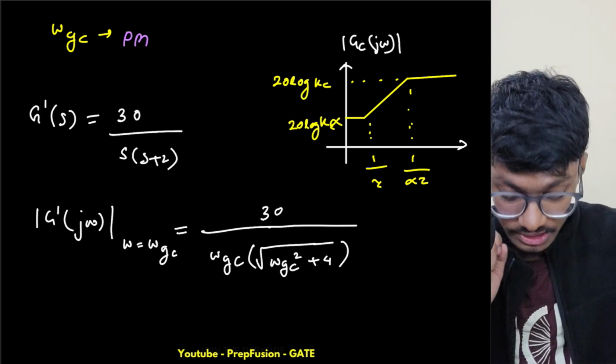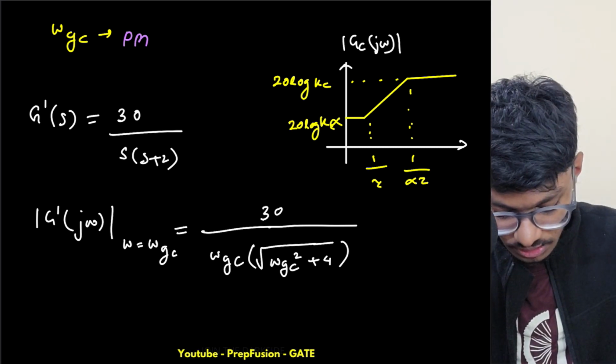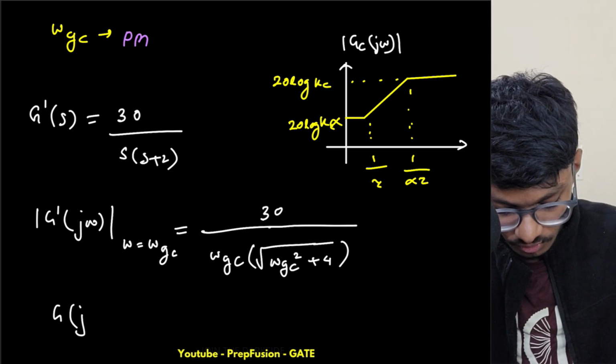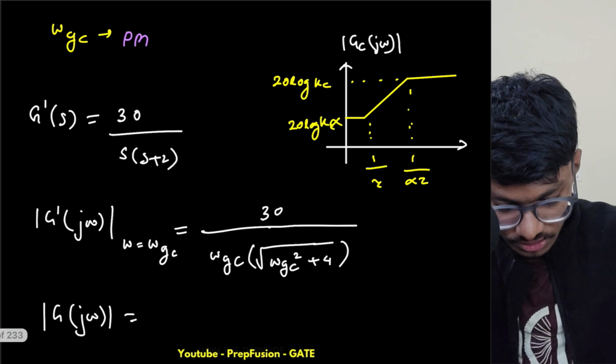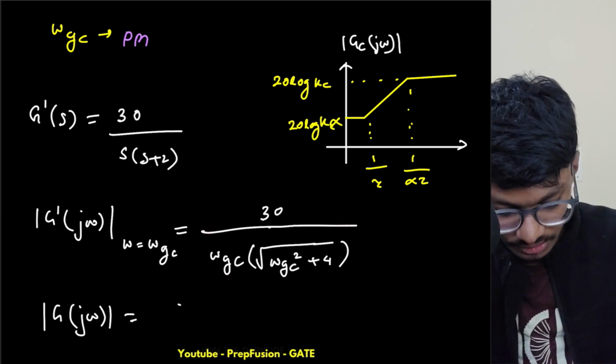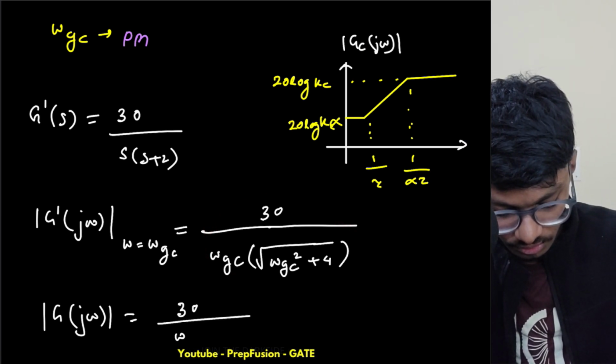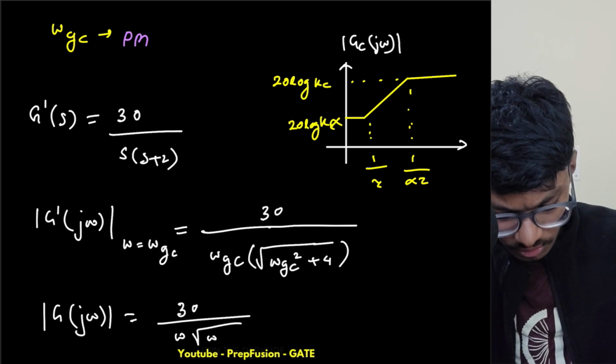What I want to say is, what is the magnitude of G of j omega, not G dash. So the magnitude of G of j omega is this same thing with another thing included: 30 upon omega into under root omega square plus 4.